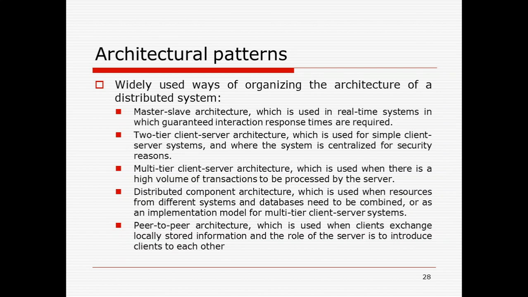The master-slave architecture is used for the development of real-time systems which are distributed in nature, where guaranteed interaction response times are required. Similarly, the two-tier client-server architecture is a simple client-server architecture where security is of utmost importance.